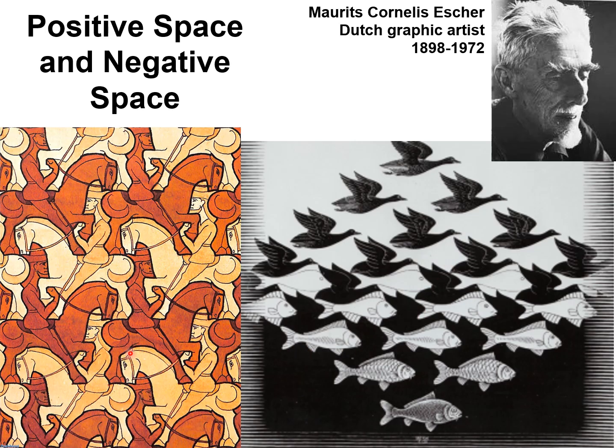We have positive space and negative space, and depending on whether you focus on one or the other, the warrior on the horse is moving in the right or left direction.